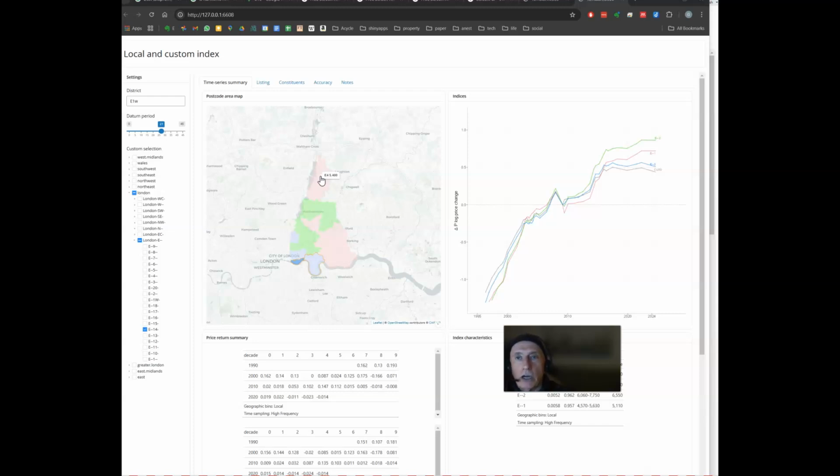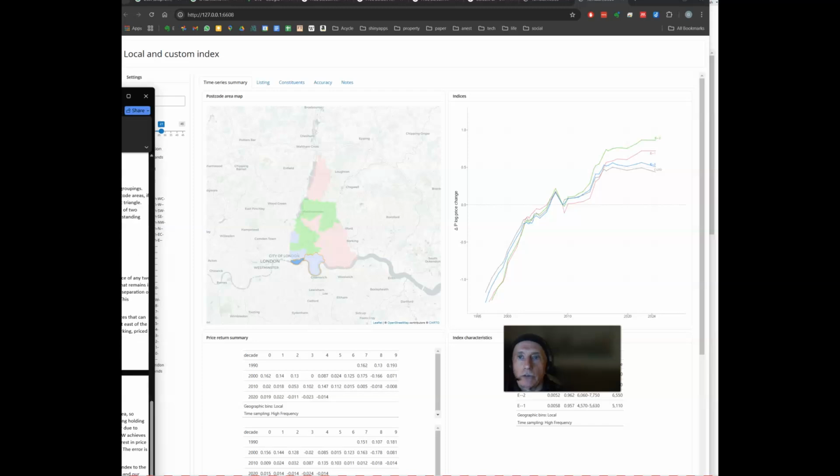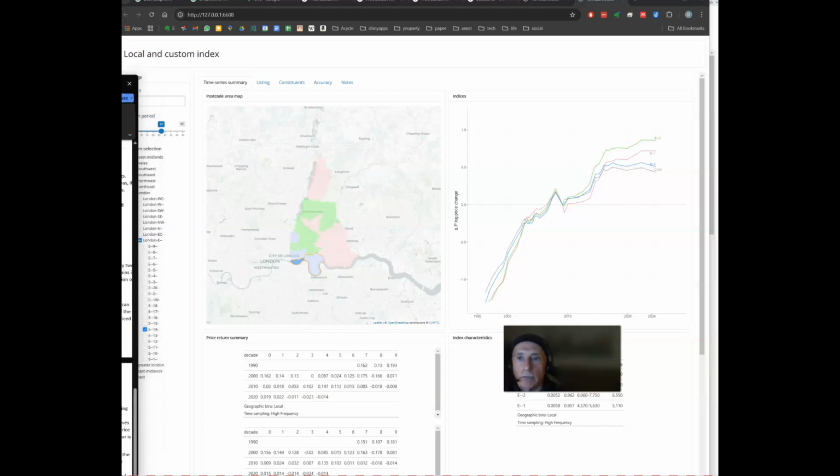In that way, we get a high signal to noise ratio method for breaking down the area into its component districts. And here you can see E1W, which we're going to focus on for a case study here. It's Wapping. It's between the City of London and the Isle of Dogs. It's currently priced at just below 10,000 per square metre.